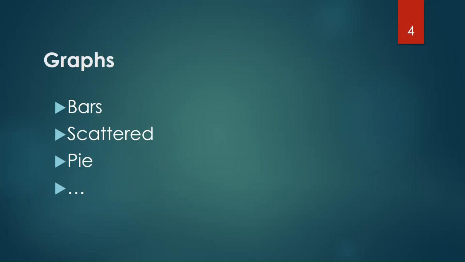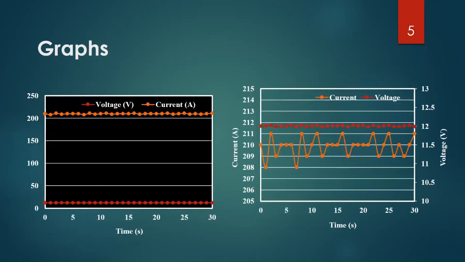But let's see if we want to present a graph. Which type of graph do we have? We can have bar charts, scatter plots, pie charts, and etc. For example, look at this graph on the left-hand side. Well, it's not very conclusive. The reader can see only two lines, one is current and one is voltage.